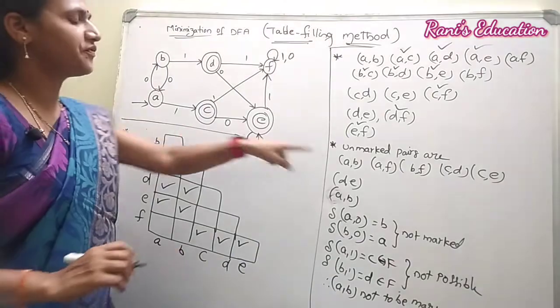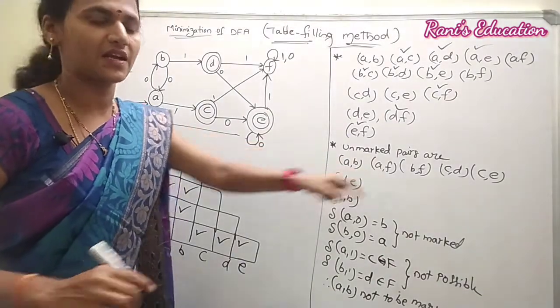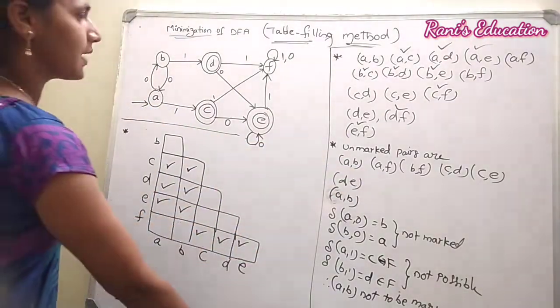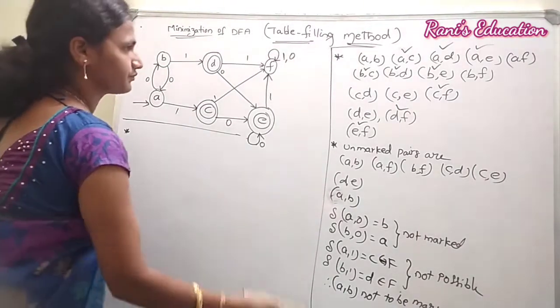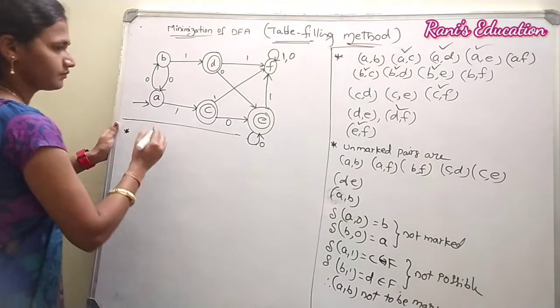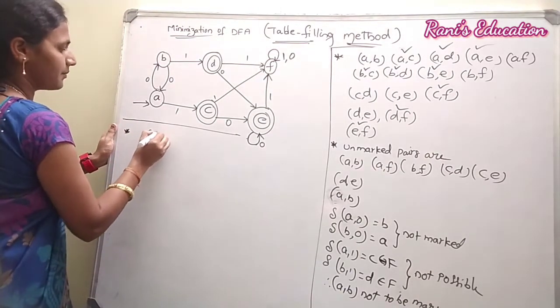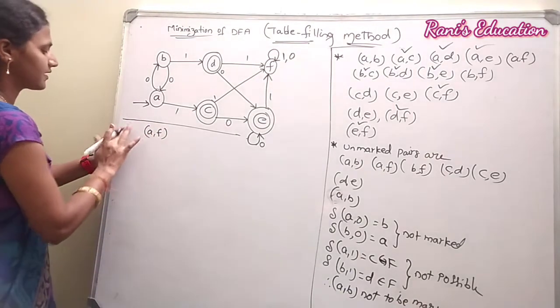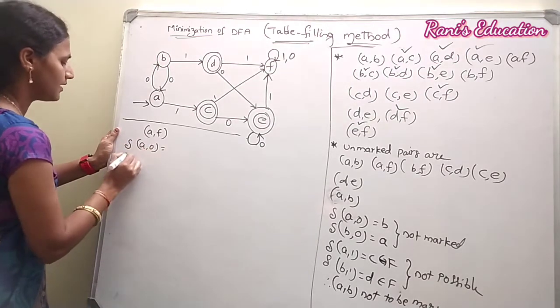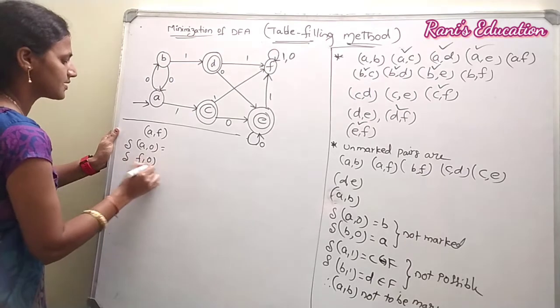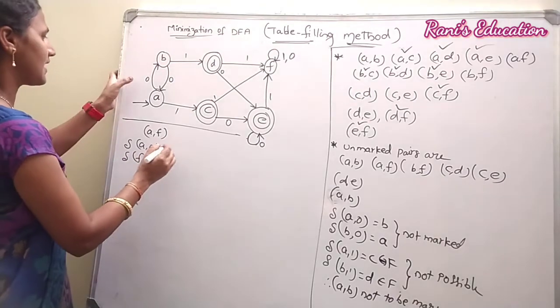Now go for the next pair, that is A comma F. For that also we need to compute the transition function. Delta of A comma 0, delta of F comma 0. So what is A comma 0 here?